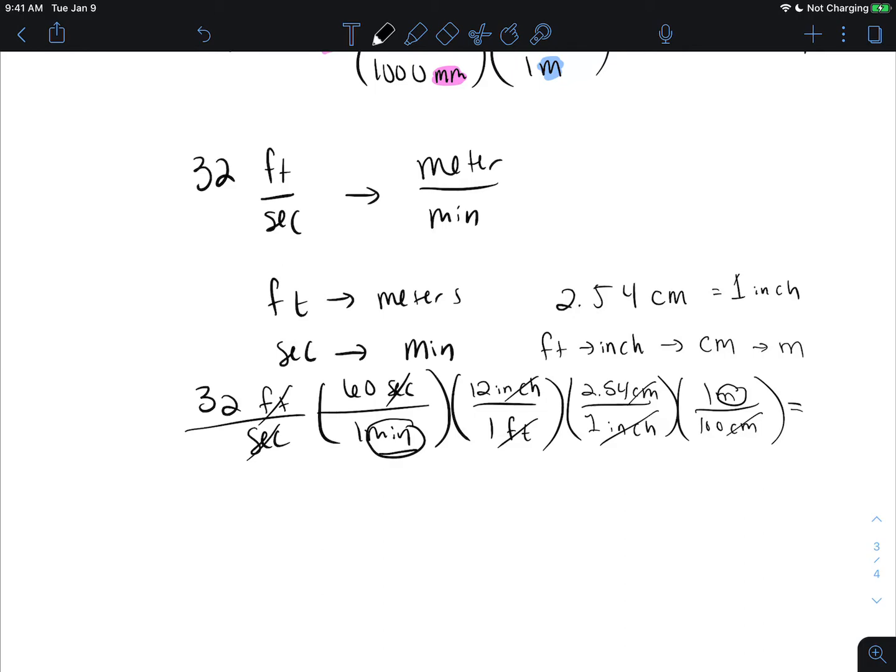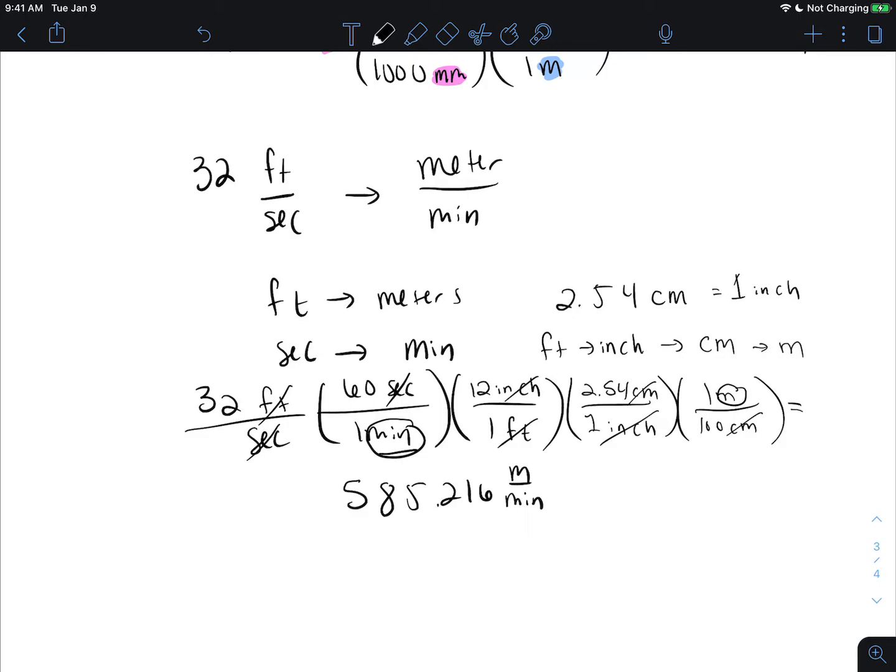And when we do this math, we get 585.216 meters per minute. We do need to think about sig figs here. There are exact unit converters, and then there are inexact unit converters. Anything within the metric system is considered exact, so we don't really need to consider that when we're thinking about significant figures.